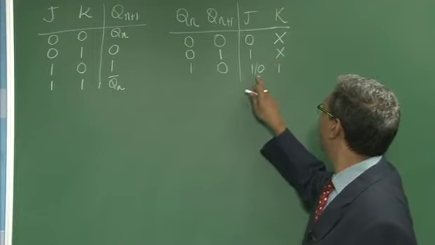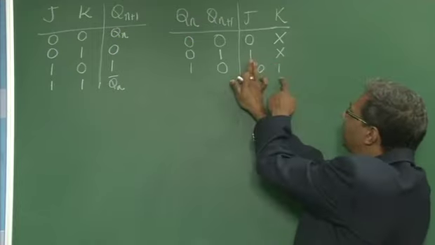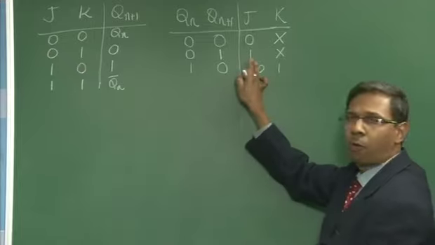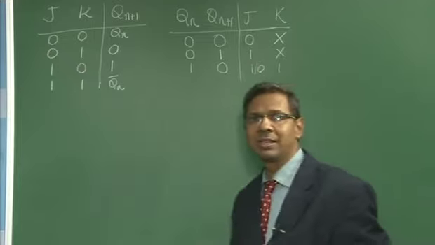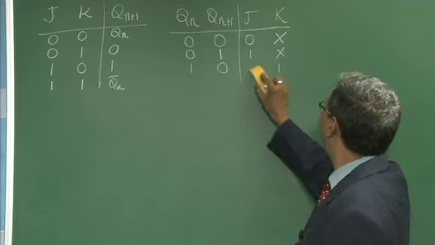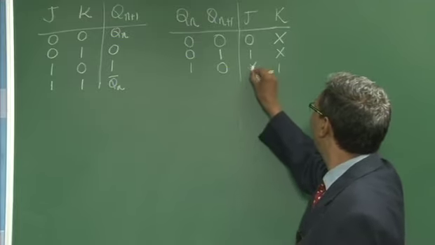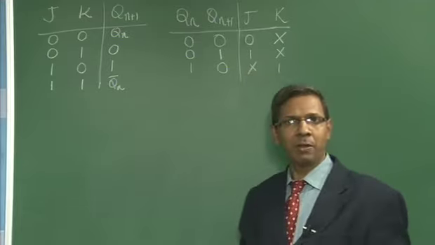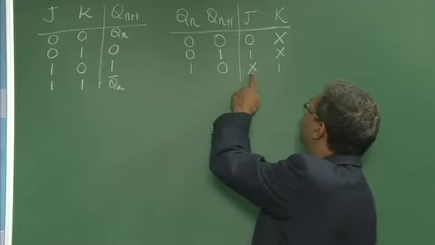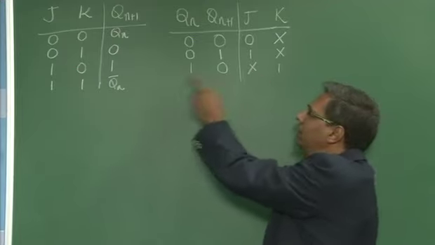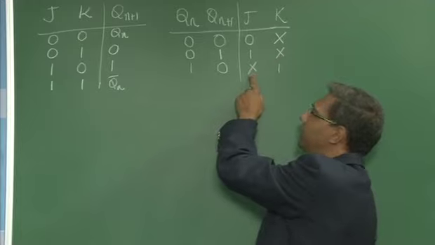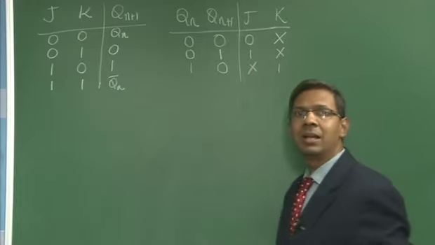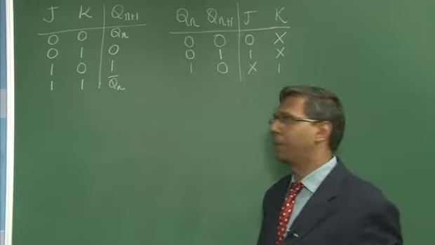If J is 0 and K is 1, then I am going to clear the output. So this condition results in x and 1: J can be anything, but K has to be 1. If J is 1, it is 1 and 1, toggle mode, it toggles. If J is 0, it is 0 and 1, it is a clear mode or reset mode.